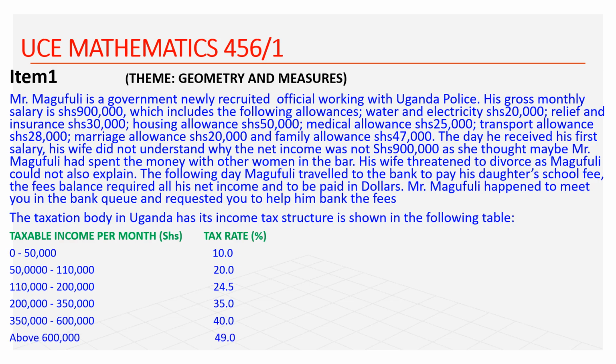And above 600,000, they take 49%. Now, this tax structure keeps on fluctuating as per the Uganda Revenue Authority and the given financial year. It is the body that knows how to regulate and estimate the taxable income and the corresponding rate.